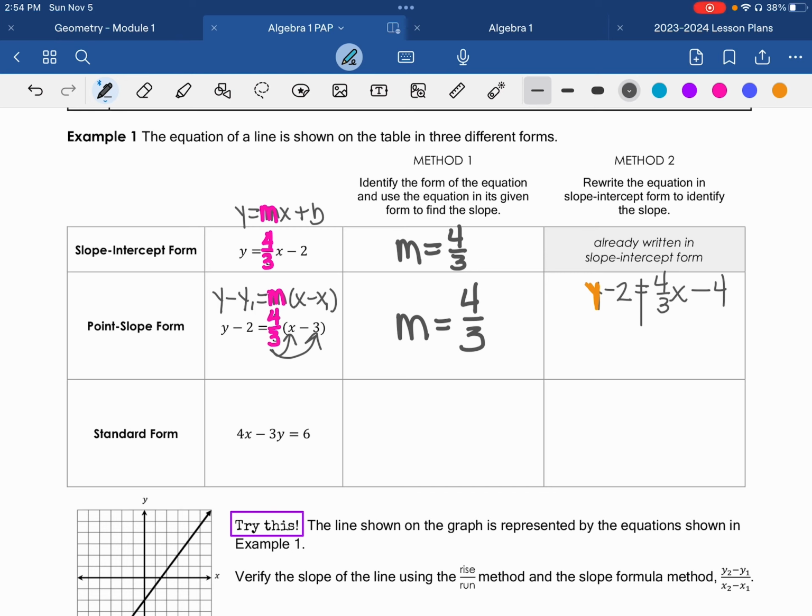To get rid of a -2 and move it to the other side of my equation, I do the opposite, which is add 2, because that will cancel it out to 0, leaving me y by itself. What I do to one side, I must do to the other. So I need to add 2 to the other side. I have two values that I could add to 2.